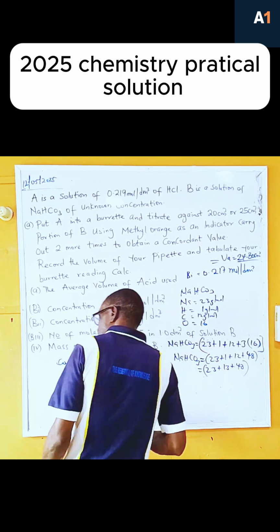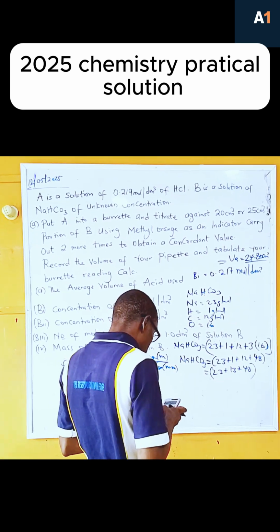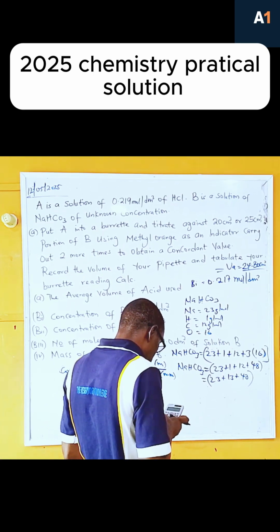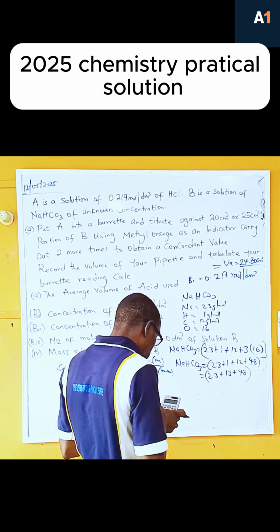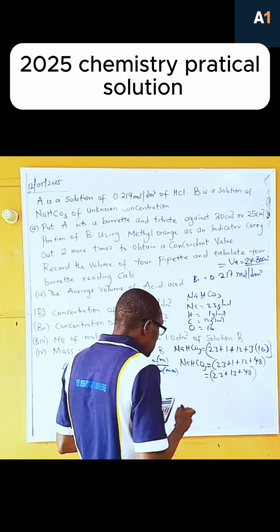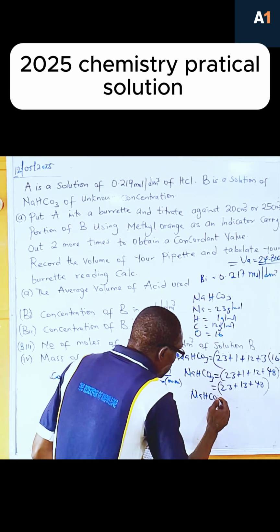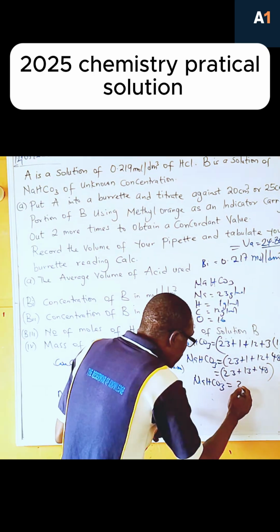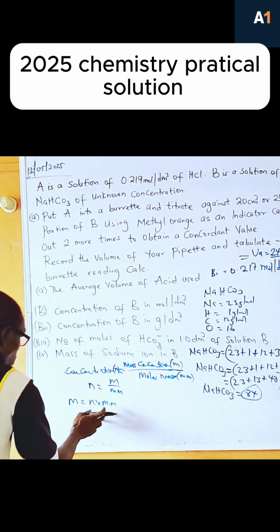So add everything together to give us the answer. We have 23 plus 13 plus 48. So NaHCO3 will give us 84. 84 is our answer. So now let's move back to this one.